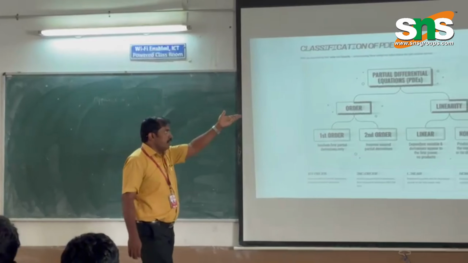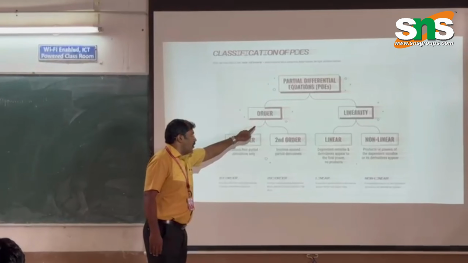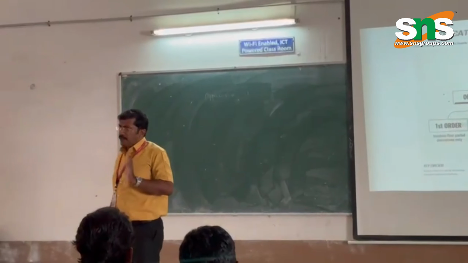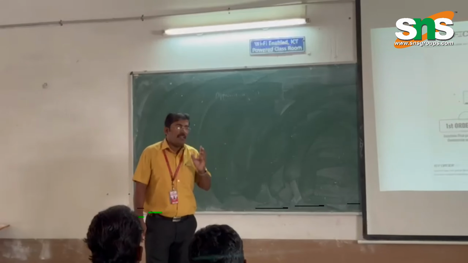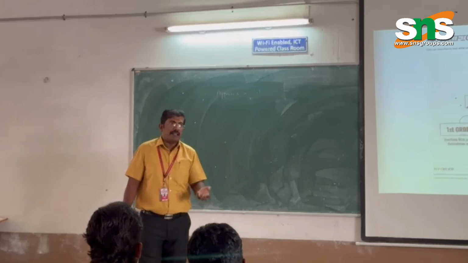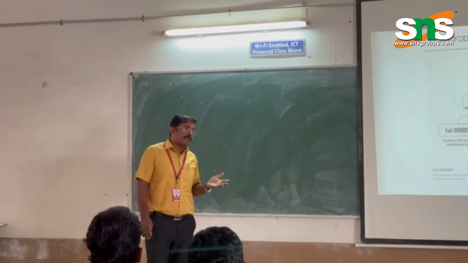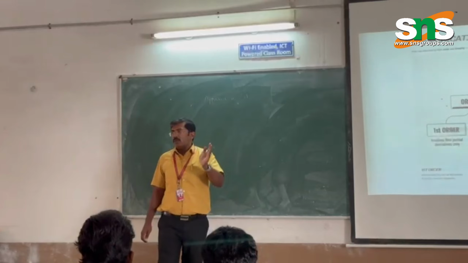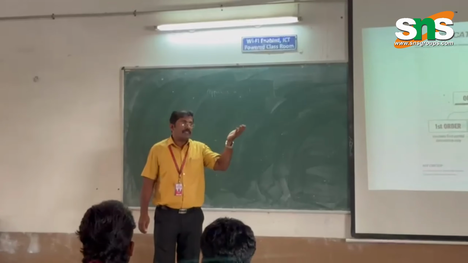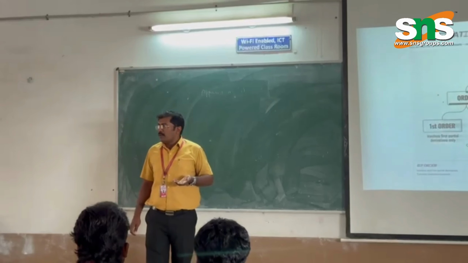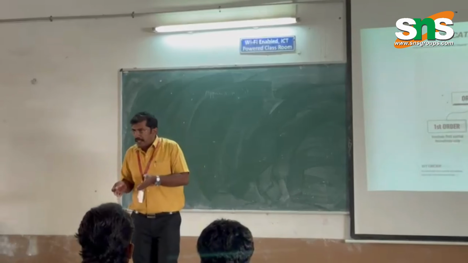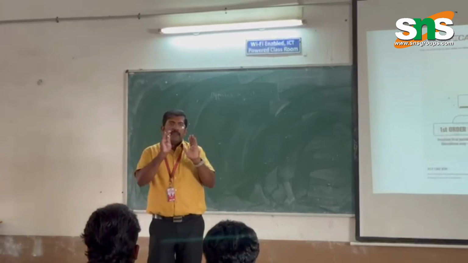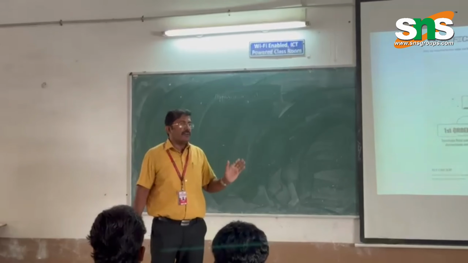Now, based on the order of a partial differential equation, we have first order and second order, and even multiple orders. It depends on the scenario, how much order is required in that area. For example, if we are going to talk about heat flow, we can go for second order equations and get a solution, because when you talk about heat flow, or wave motion, or liquid flow, we can use a maximum of second order.